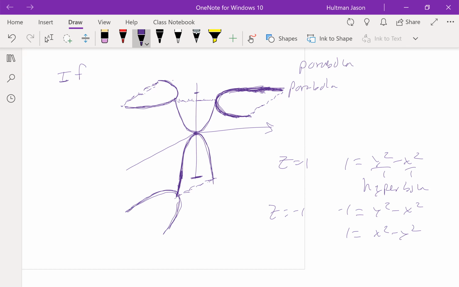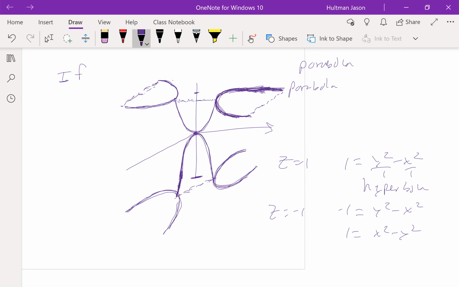We have this guy down here. This is an x-facing hyperbola. It's kind of weird. An x-facing hyperbola.